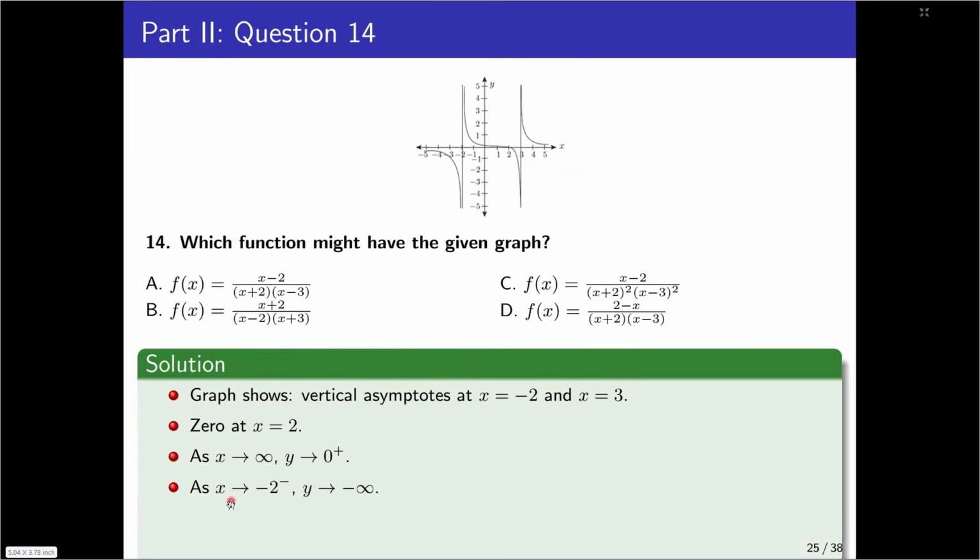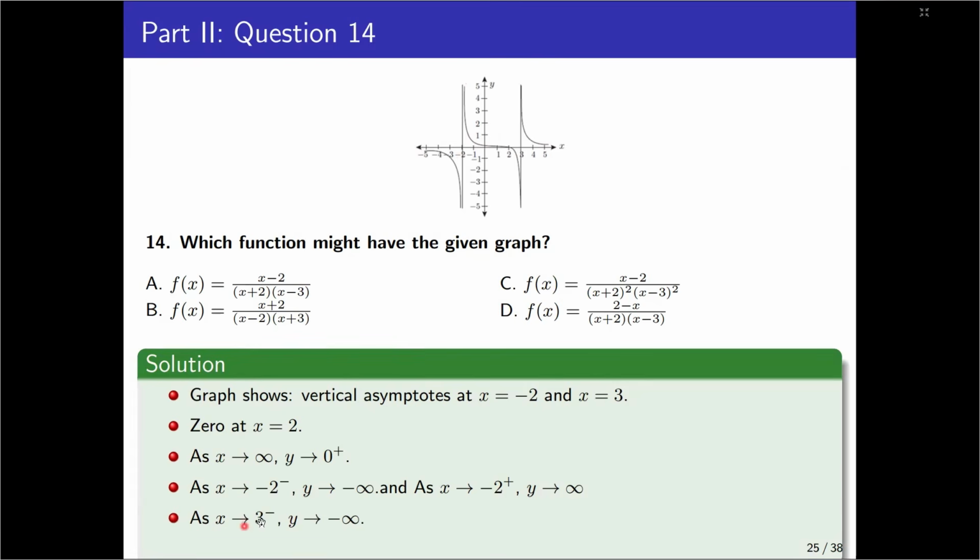And when x approaches negative 2 from the left side, the given graph indicates y tends to negative infinity. And as x approaches negative 2 from the right side, the graph goes in the upward direction, so y tends to positive infinity.